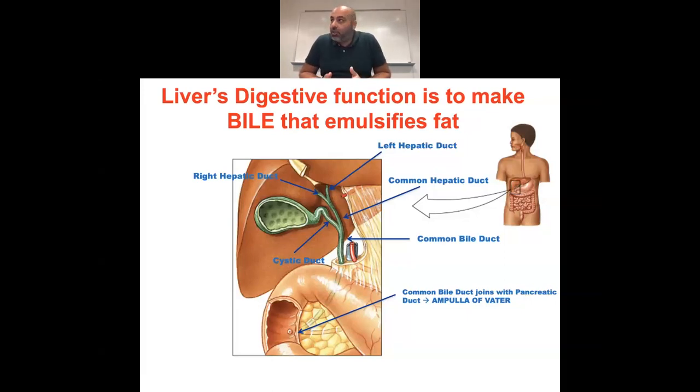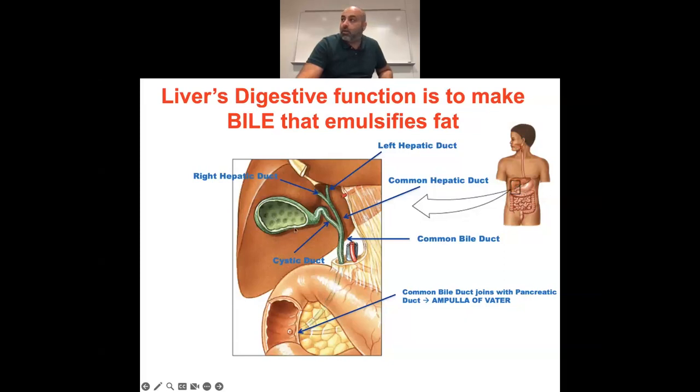When that closes up, say we're not eating, there's no parasympathetic stimulation, we're not releasing CCK, we're not releasing secretin, there's no food in the duodenum. Sphincter of Oddi closes. When it closes, there's backup.